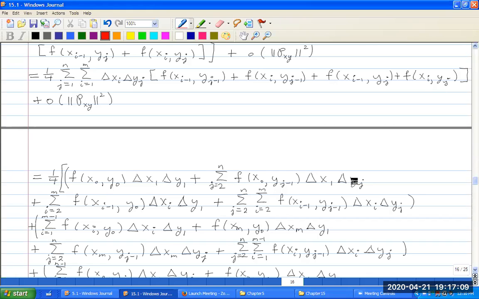So when i equals 1, let me peel off the very first term here, and then this is the rest of the sum. Next, let's look at when j is equal to 1. So now let's look here when j equals 1, and let's peel off when j is 1. Okay.